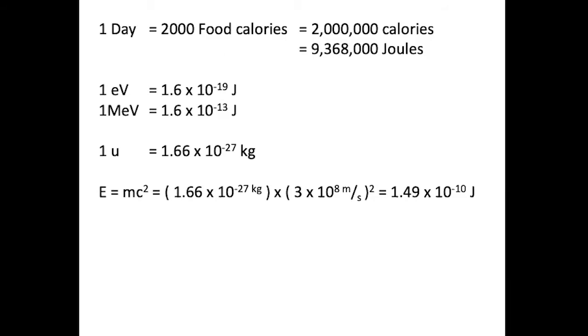These are very tiny numbers. 1.49 times 10 to the negative 10th joules, converted into mega electron volts, is 933 mega electron volts. Not the 931 that we saw in the presentation. However, I also multiplied by 3 times 10 to the 8th meters per second, not the exact speed of light, which is 2.99 times 10 to the 8th meters per second.